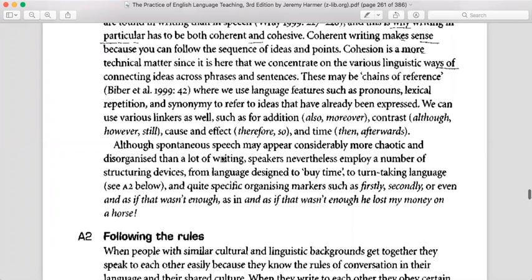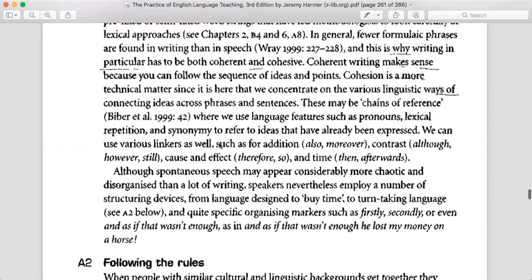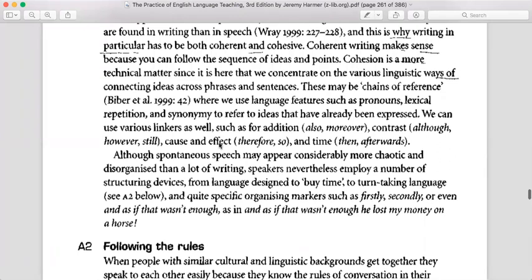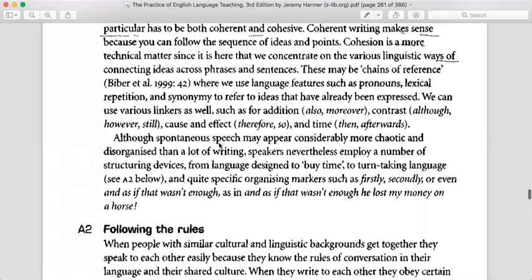I told you that there is a difference between teaching writing skills and speaking skills, right? When it comes to speaking, we are not really vigilant about accuracy as far as cohesion is concerned, or sometimes coherence as well.